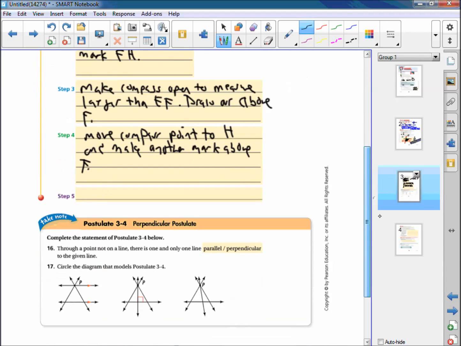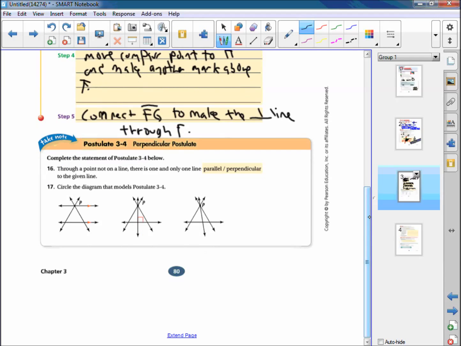All right, when we're done now, we just have to connect FG to make the perpendicular line through F. Okay, and we're finished.